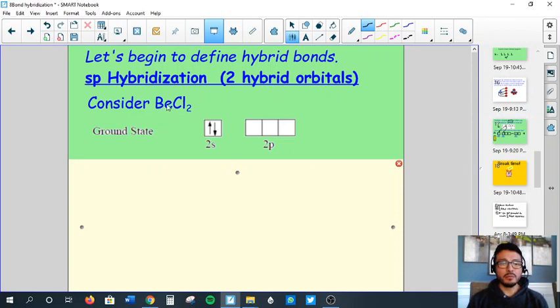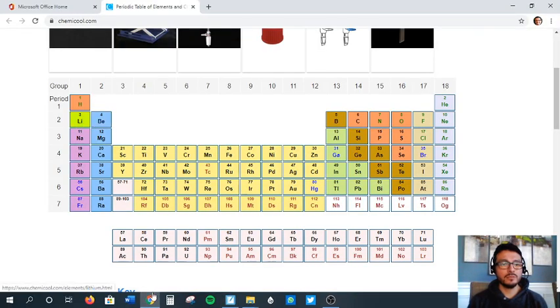Beryllium chloride requires two bonds, right? Beryllium chloride requires two bonds. The ground state for beryllium, remember we're just considering beryllium here. The ground state orbital diagram for the valence electrons of beryllium looks like this. Beryllium is right here. 2s is completely filled.